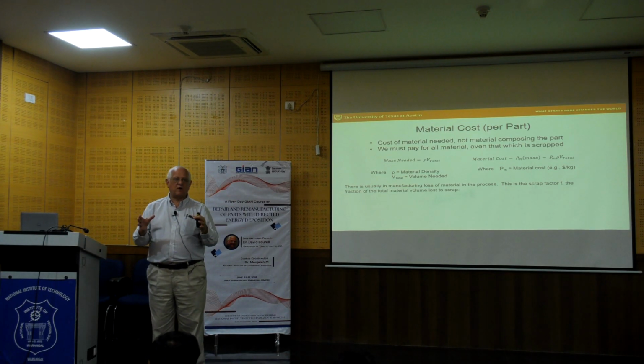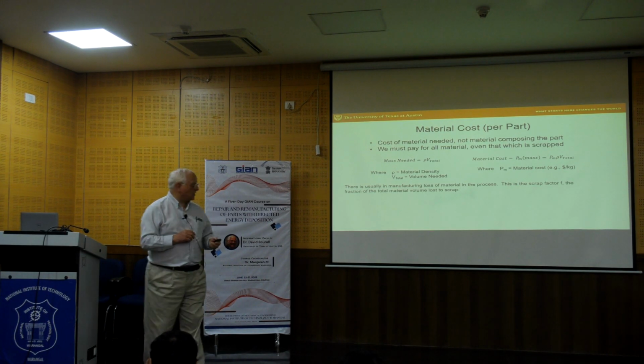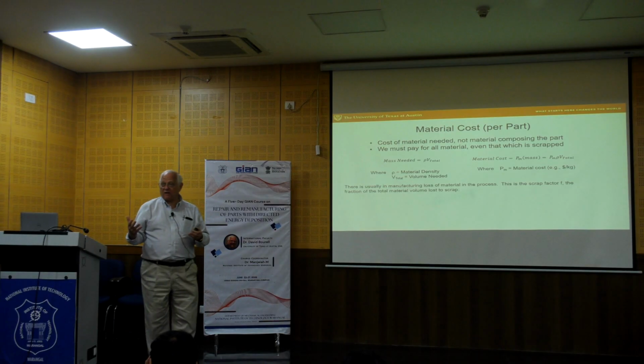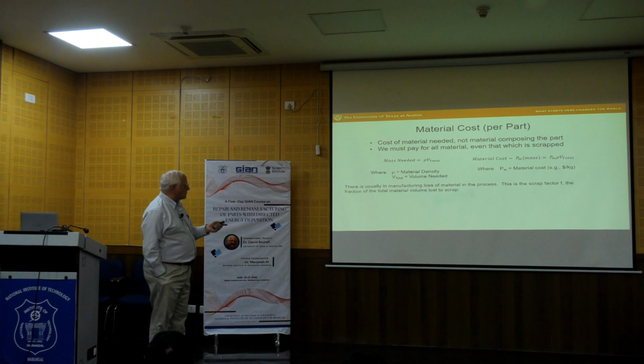But if I only use 20% of the material, I'm using $40,000 times 0.2, which is $8,000 of that material turns into part, and the other $32,000 gets thrown in the trash can when I'm done. But I still have to pay $40,000 in order to do the build. So scrap can be a factor in additive. Not tooling, not so much, but the scrap, yes.